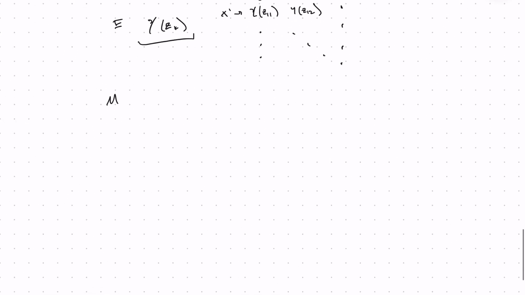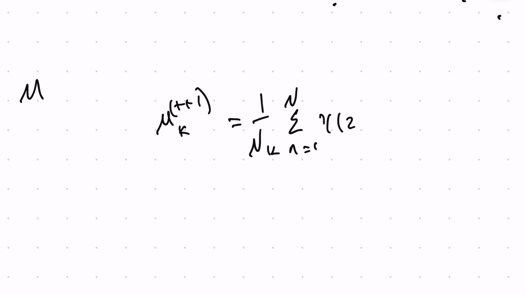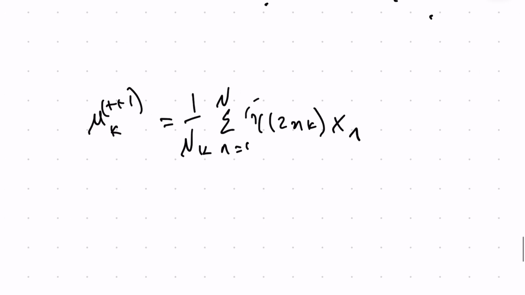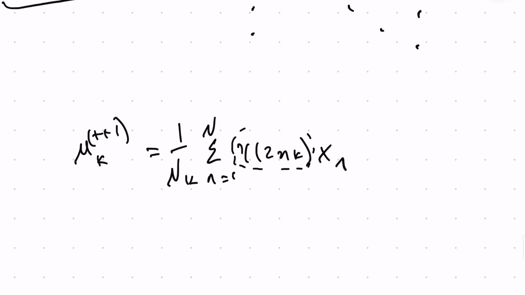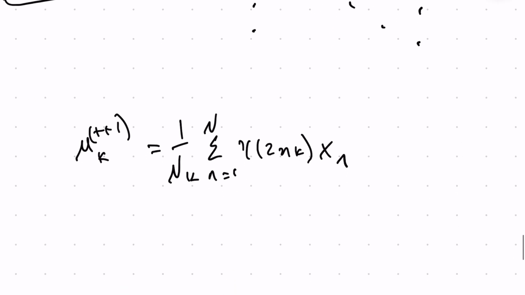And so your new parameters, you update them using these equations, which we had already basically derived. So first of all, the new mean, so mean t plus 1, because we're in a new iteration. So the mean for that class is this. Okay, so the only new thing here is this, and that comes directly from the E step. So that's the only thing different than the Gaussians before.